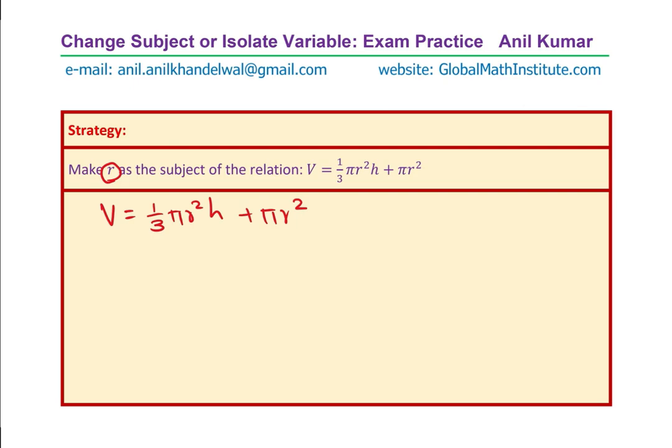Now, what you can do is factor r square and then isolate. That is one way of doing it. Correct? I will combine two things here. One is common denominator, and the other is factoring.